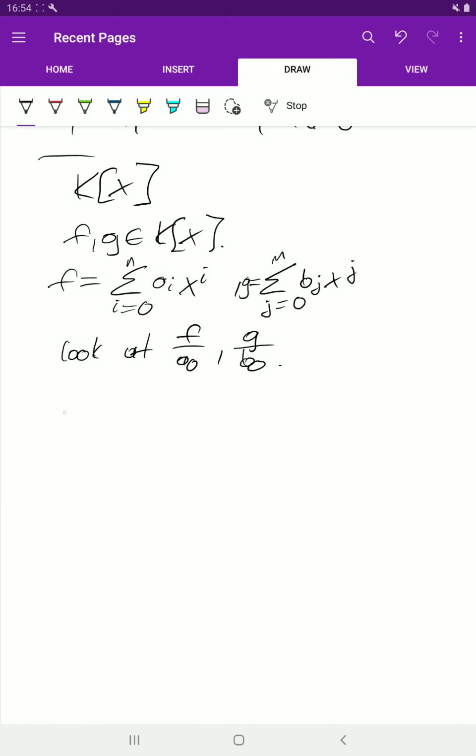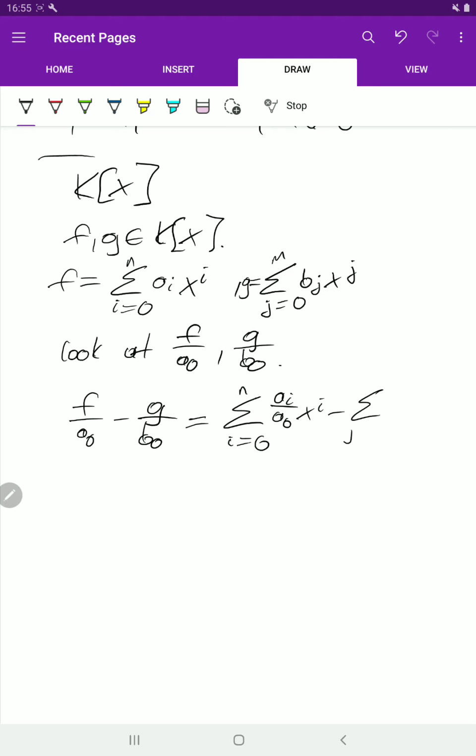We set these as our new f and g, and then we get f/a_0 minus g/b_0 equals the sum from i equals 0 to n of (a_i/a_0) x^i minus the sum from j equals 0 to m of (b_j/b_0) x^j.